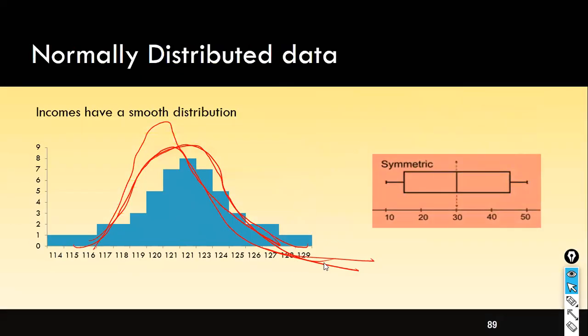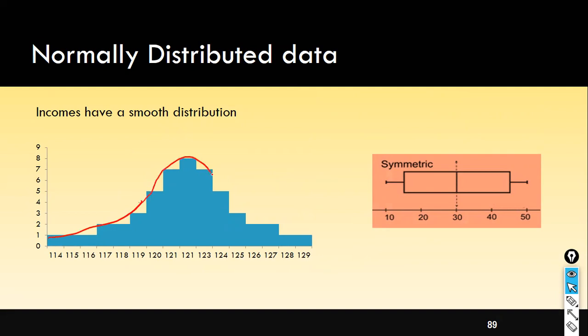So this one is your normal distribution. If I draw a line connecting all the edges, you can see that on both sides the tail is somewhat similar.